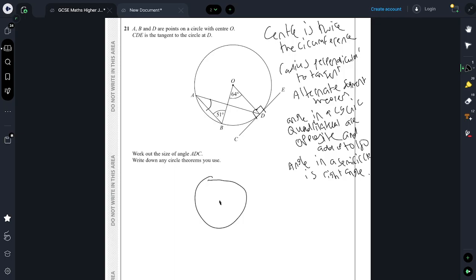We have a center, and two radii, OB and OD, but they both meet again at A.